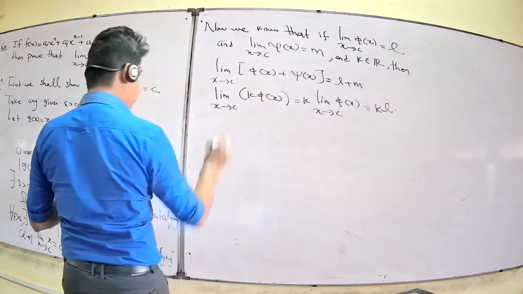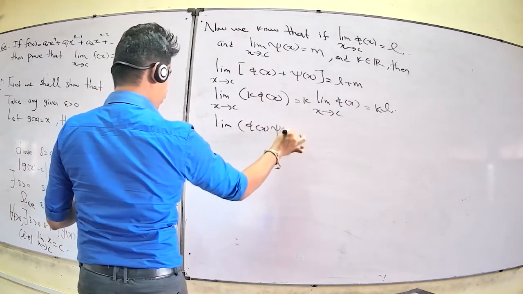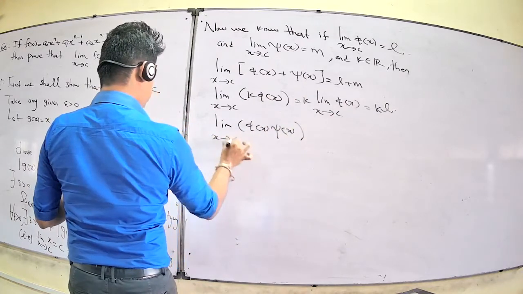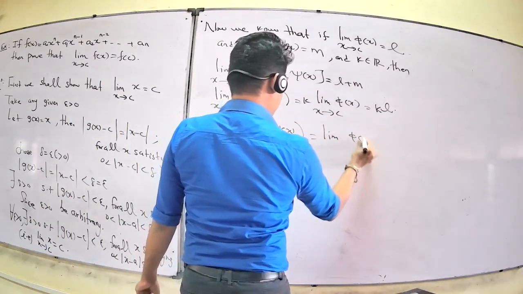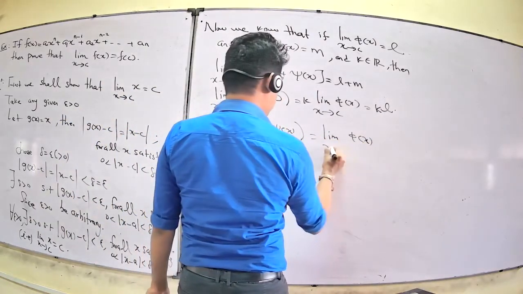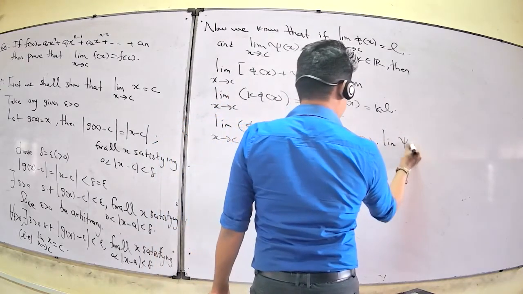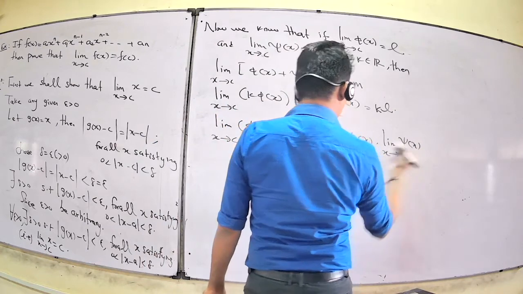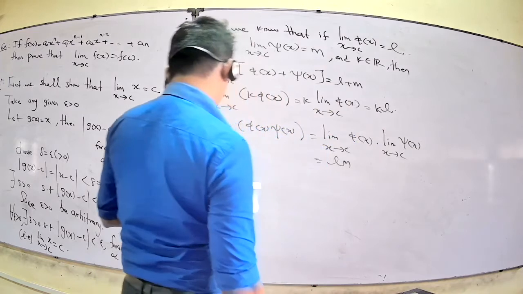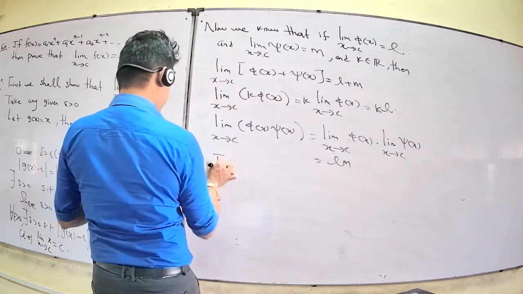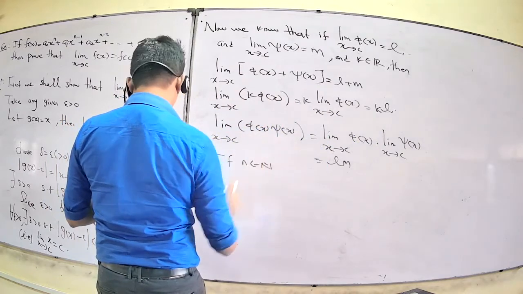Now, the product of the two functions, phi of x, psi of x, x tends to c. You can take the product of the limits separately, limit of phi of x into limit of psi of x, x tends to c. It is your LM. Division also there. Now, if n belongs to the natural numbers, in this case we use this fact for our problems.